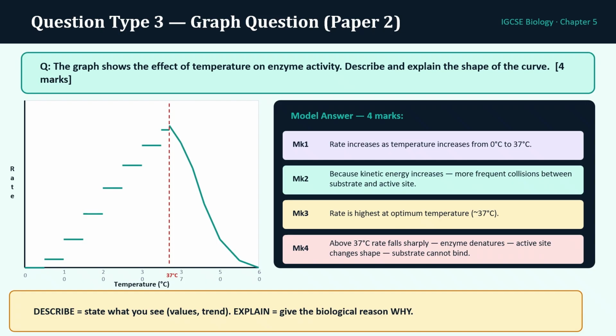Above 37 degrees centigrade, the rate falls sharply. The enzyme gets denatured. The active site changes shape. The substrate cannot bind to it. Remember, describe means say what you see. And explain means give the biological reason why. Both together give you full marks.